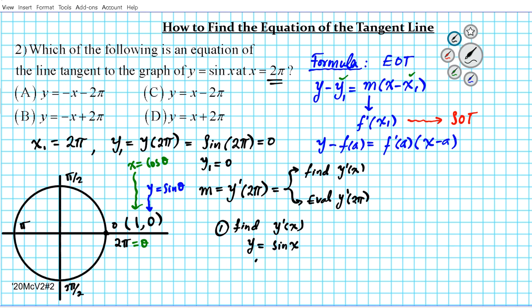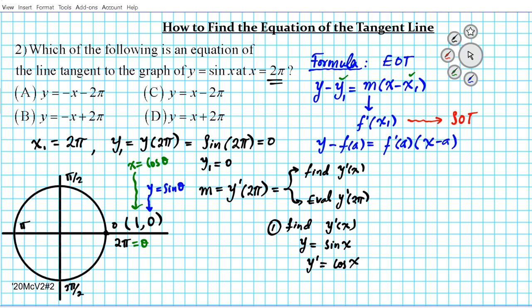So the derivative y prime, the derivative of sine, is cosine x. This is the slope of the tangent line at any x value. So let's fix the x value and find the slope of the tangent line at x equals 2 pi. What we're going to do now for part 2 is evaluate the derivative at 2 pi. So we have y prime is cosine x.